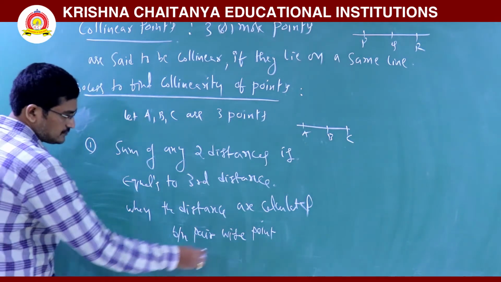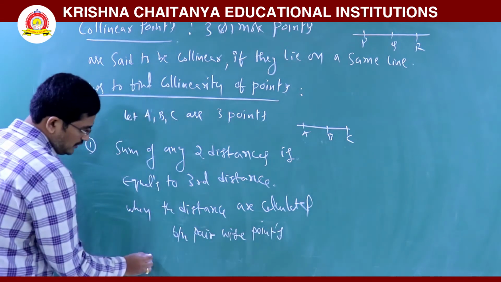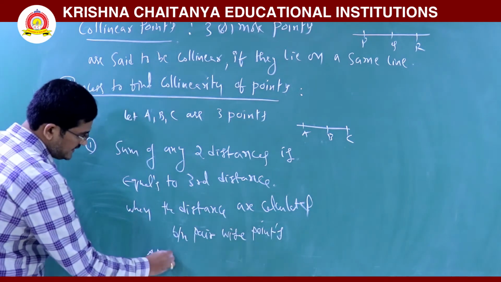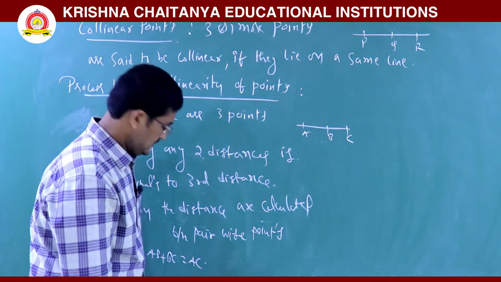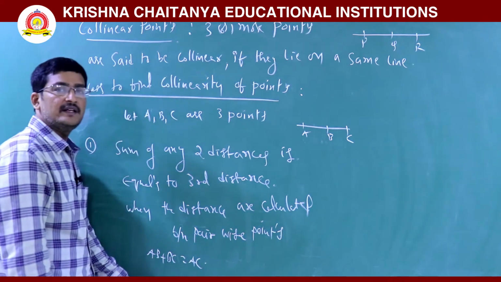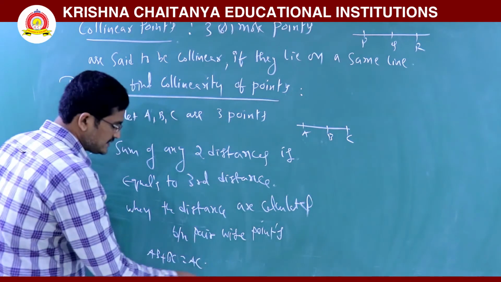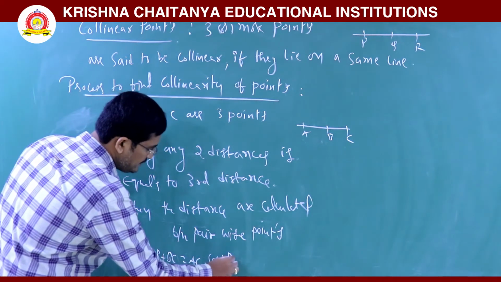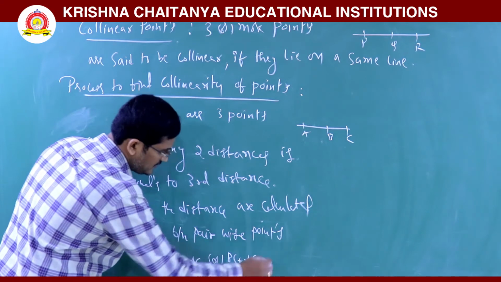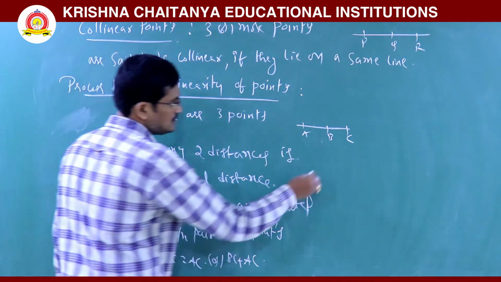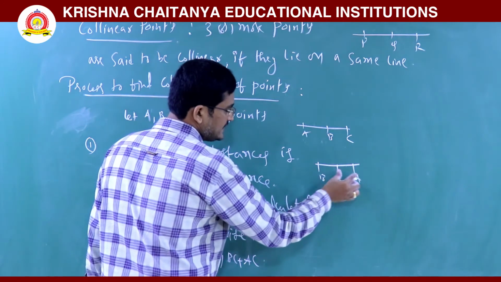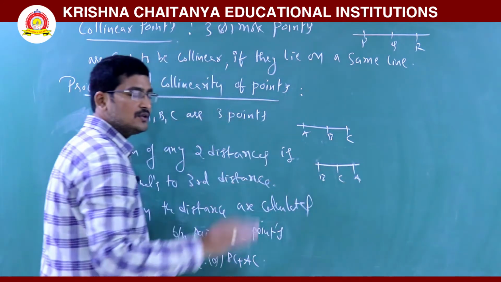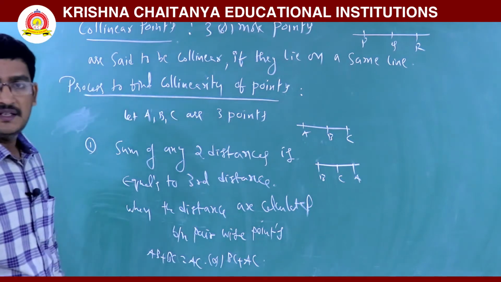That is, we have to prove AB plus BC is equal to AC. Suppose AB plus BC equals AC, then you say the points A, B, C are collinear. Or BC plus AC equals AB, then also we say A, B, C are collinear.